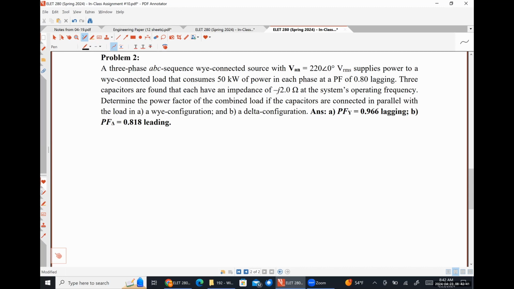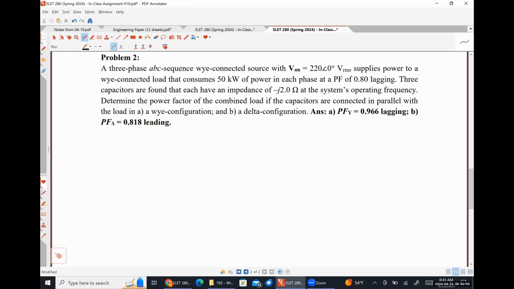All right, so I want to employ an approach that is similar to what we did with the last problem of our last ICA.